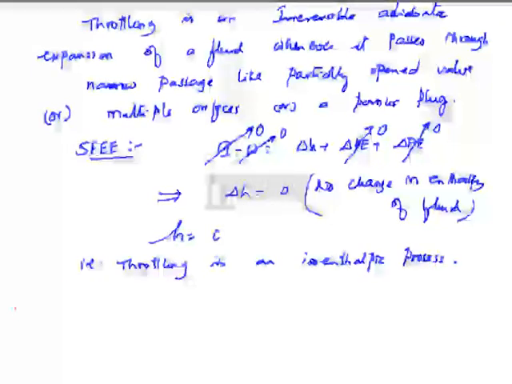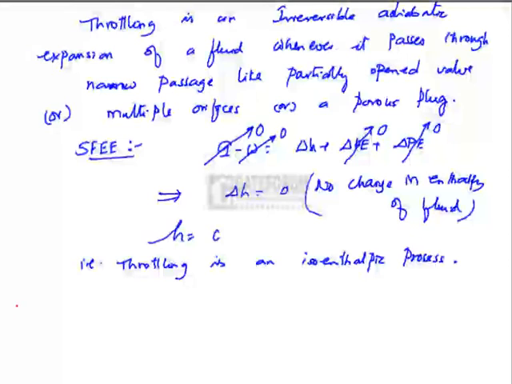The other effects that we see in throttling are, in every throttling process delta P is less than 0 or negative, since pressure always decreases in throttling.